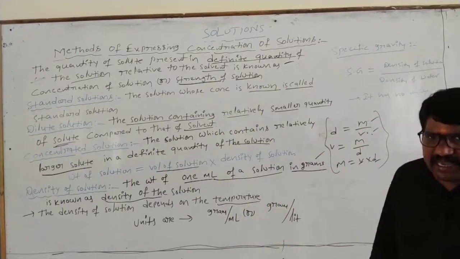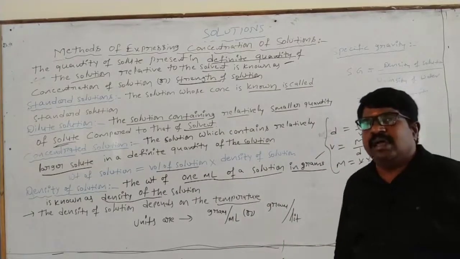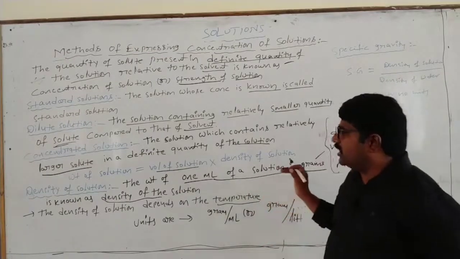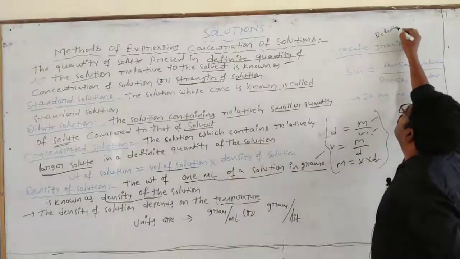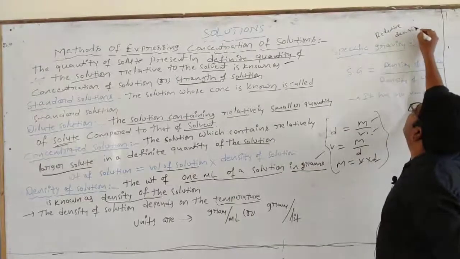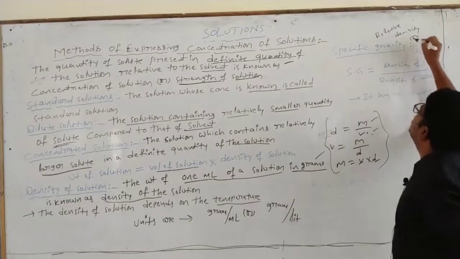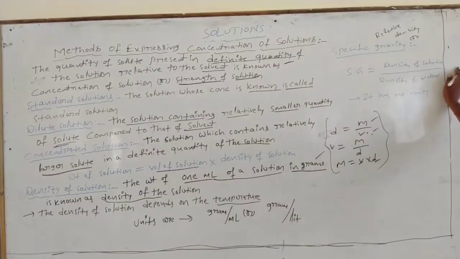And relative density, also called specific gravity. How to define it? It is the ratio of the density of the solution and the density of water. Here the density of the solution means the given solution; it may or may not be water.